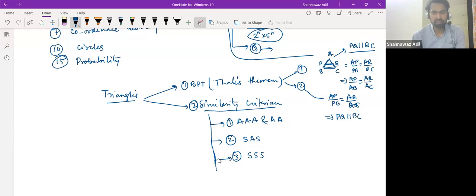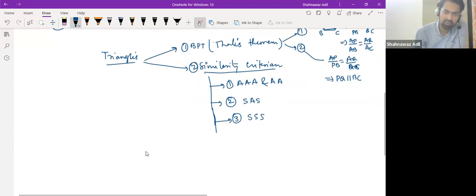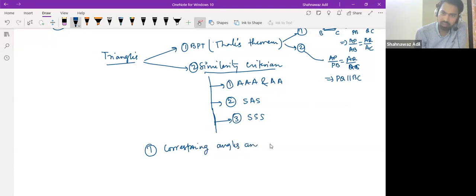So these were the similarity criteria. And when two figures are similar, we understood that their corresponding sides are proportional and angles are equal, right?